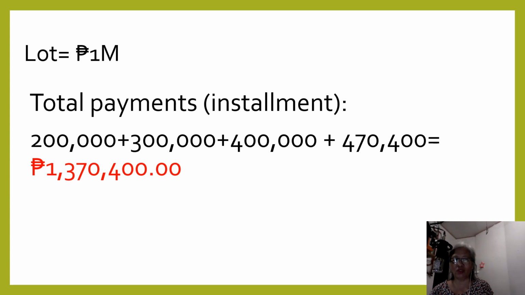If we assess the difference of 370,400, that is the worth of the investment of the 1 million lot from the perspective of the seller. And from the perspective of the buyer, 370,400 is the cost of paying on installment basis.